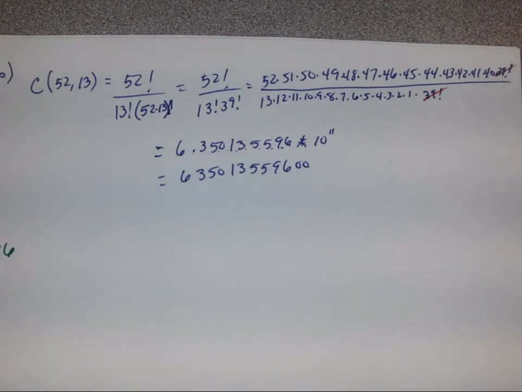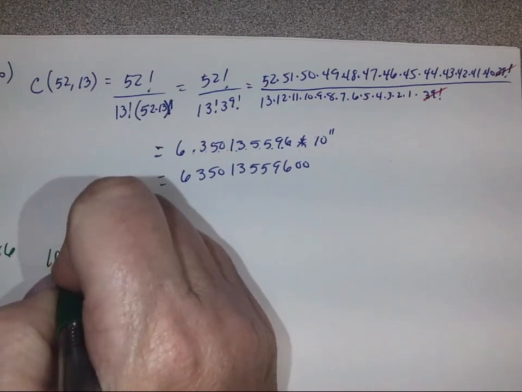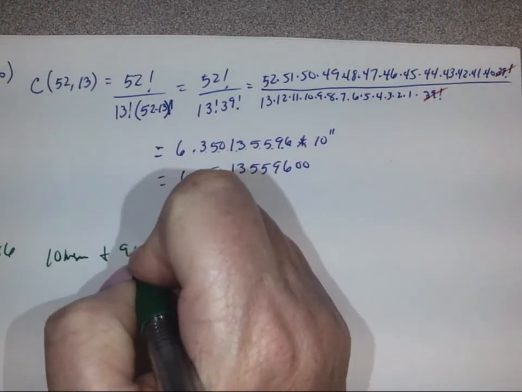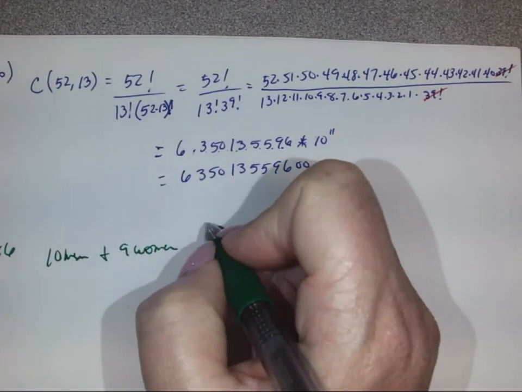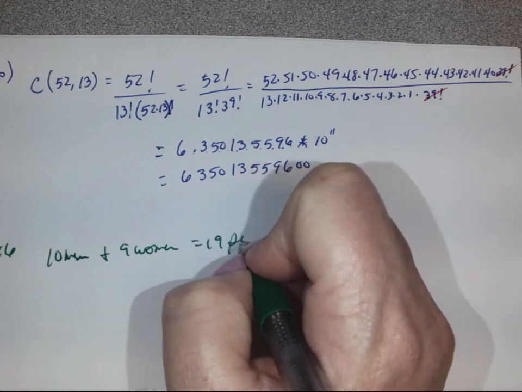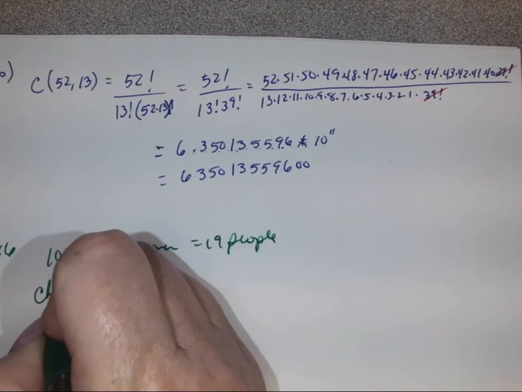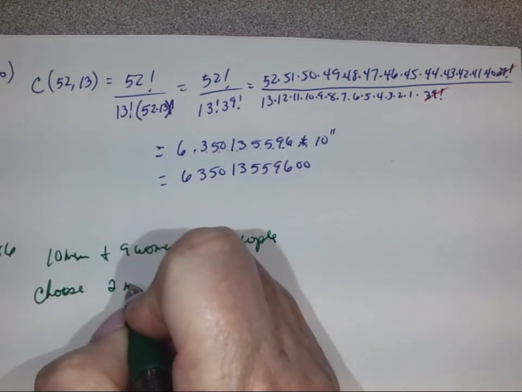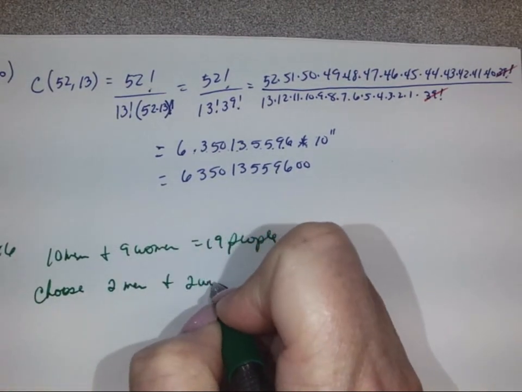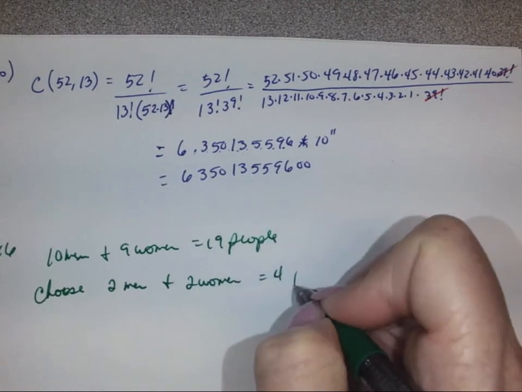So let's talk about how many there are. So there are a total of 10 men and 9 women, right? So we have 10 men plus we have 9 women, which makes it 19 people. So if we want to choose 2 men and 2 women, we're looking for 4 people.